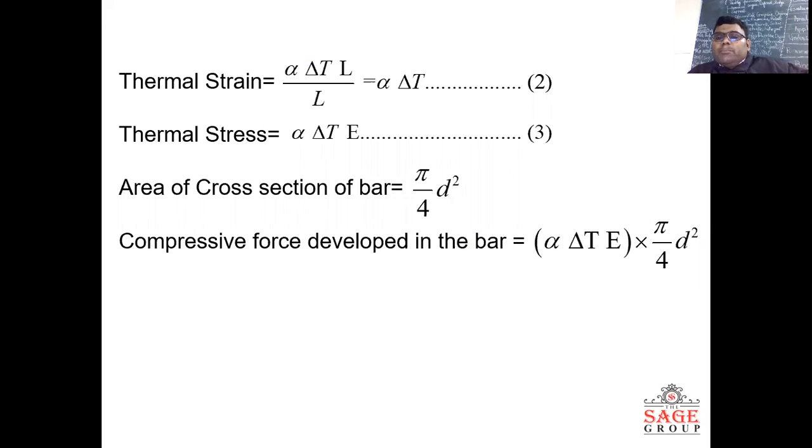So you can use this simple formula for calculating the thermal stress, thermal strain and compressive force developed in the bar. You can remember it easily by comparing with what I taught you last time: stress is force upon cross-sectional area, and strain is the change in length upon original length.